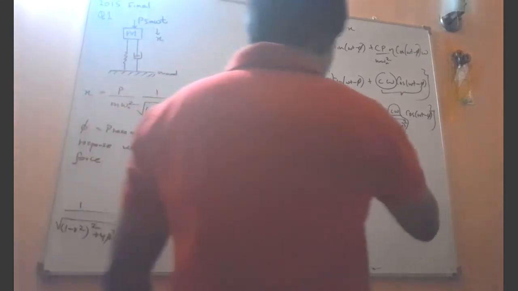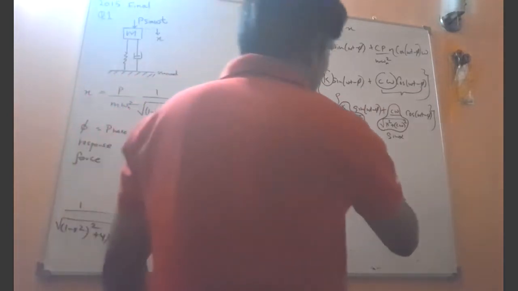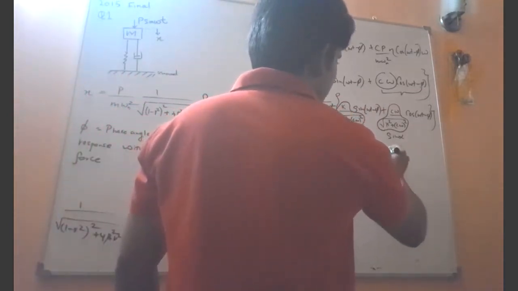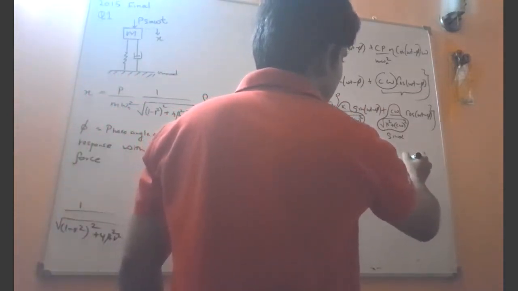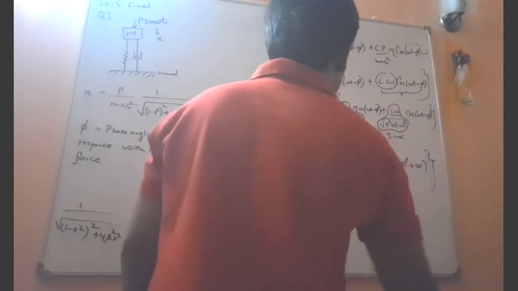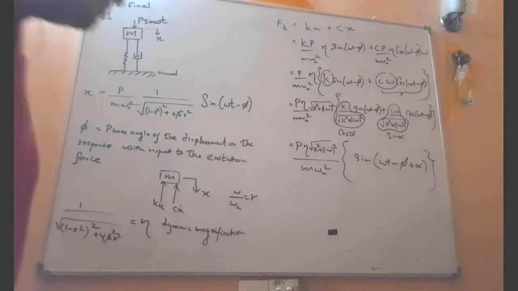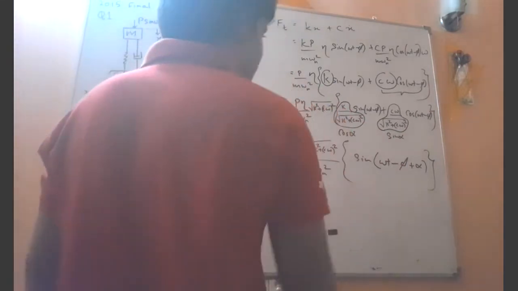So here you can replace sin of omega t minus phi plus alpha. You got it? So what is the next part?